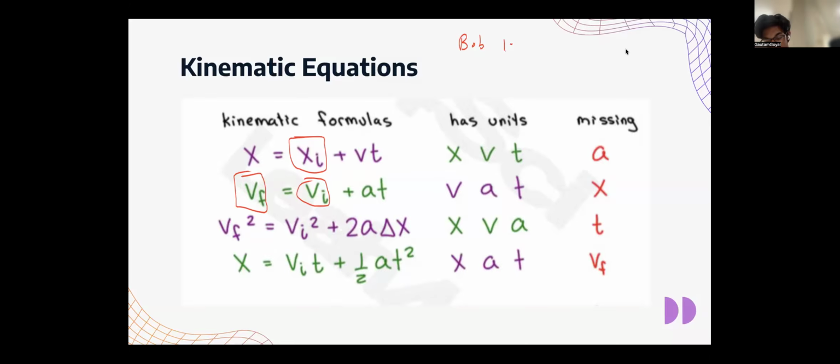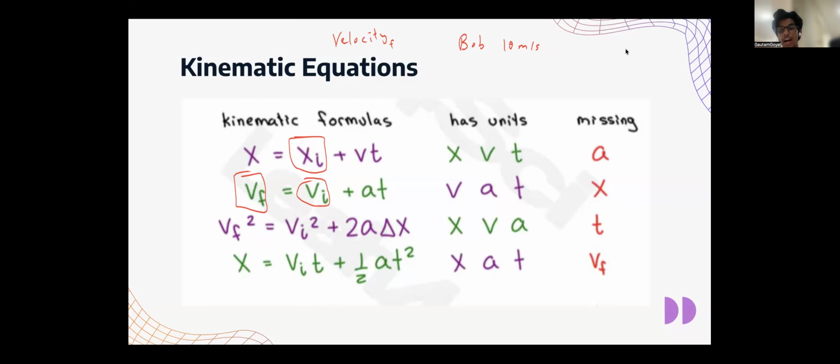You see how I put in the beginning there? That signals to you that initially he is going 10 meters per second. What does F mean? The F means final.